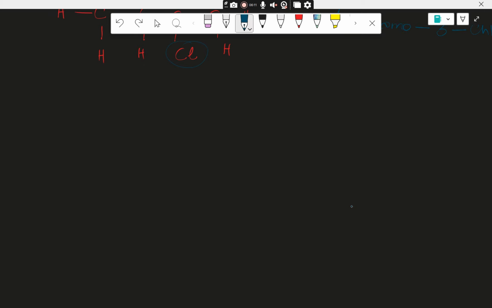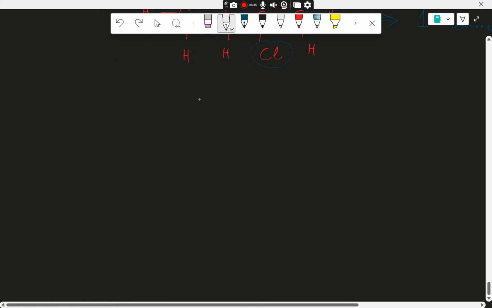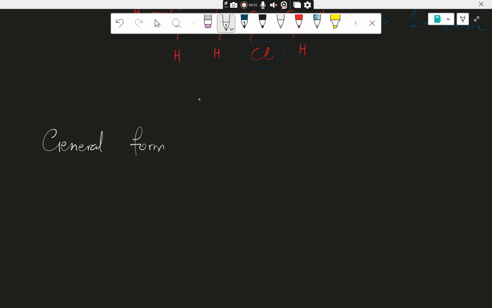So let's just look at the general formula for haloalkanes. The general formula goes like this: CnH2n+1, and then you will have your X. This is for your molecular formula.